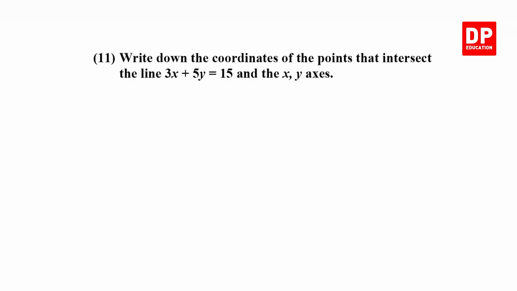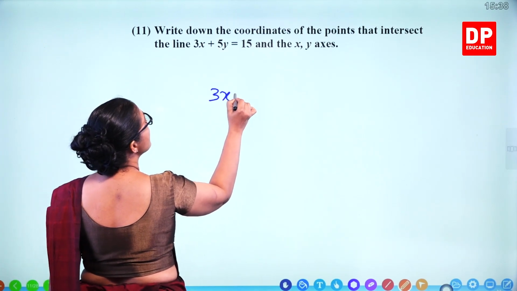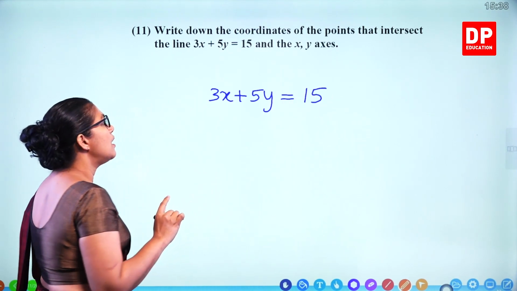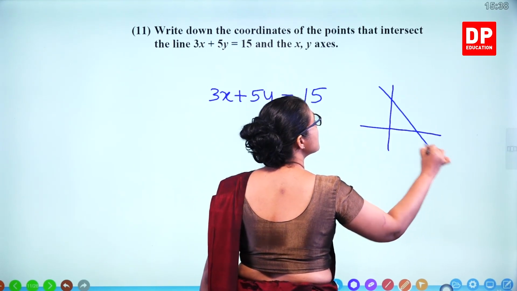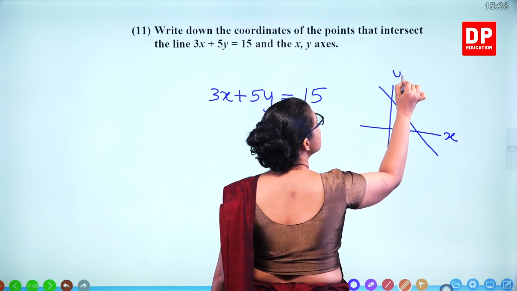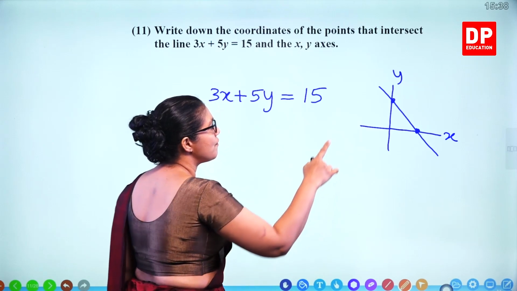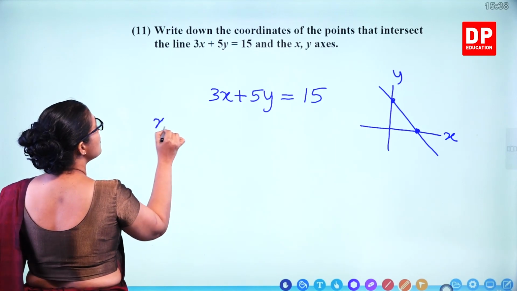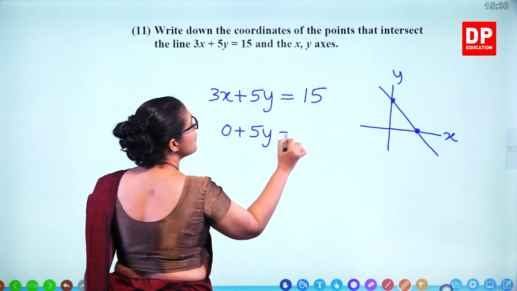Question number 11. Write down the coordinates of the points where the line intersects the x and y axes. We did a similar question before in previous papers. It crosses the x-axis and y-axis, so you can substitute x equals 0 to find one point, and when y equals 0 you find the other point. Substitute x equals 0: 0 plus 5y equals 15.